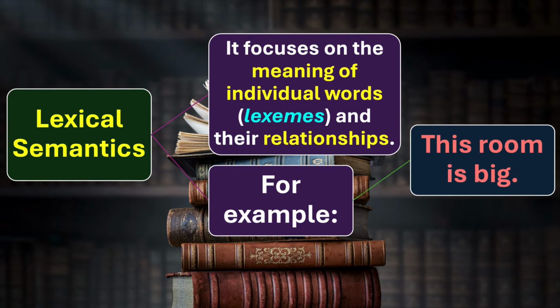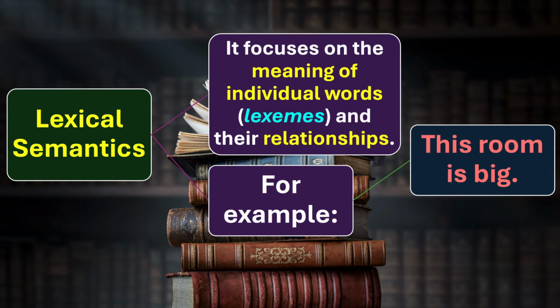For example, this room is big. Take this sentence and talk about the meaning of each word individually. What is the meaning of this? What is the meaning of room? What is the meaning of is? And what is the meaning of big?